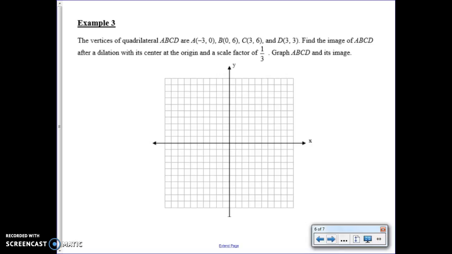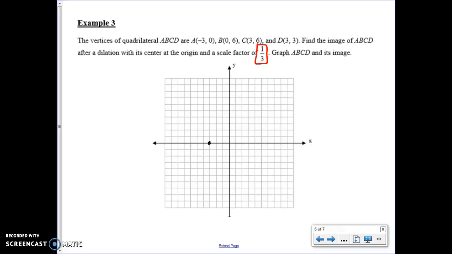But for example 3, we have the vertices of quadrilateral ABCD. We want to find the image of ABCD after dilation with center at the origin and a scale factor of 1/3. Graph ABCD and its image. So I'm going to go ahead and plot ABCD.